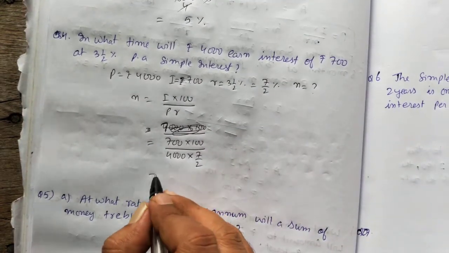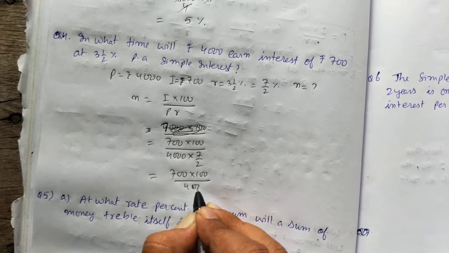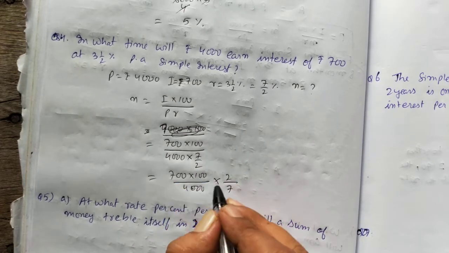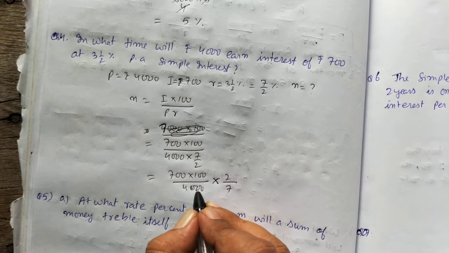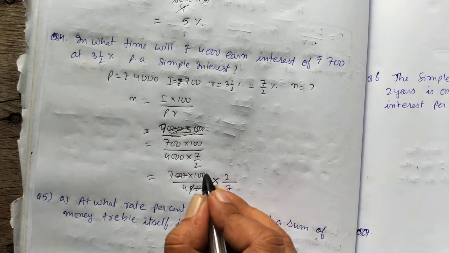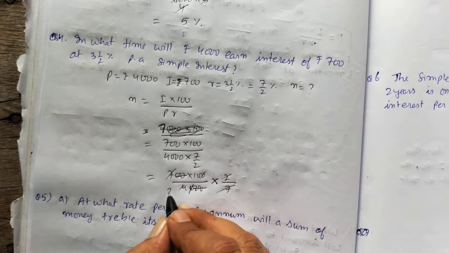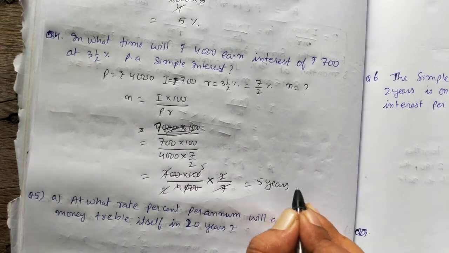You can reciprocal this. 700 into 100 by 4,000, reciprocal, and cancel 2 by 7. When division is converted, we have to reciprocal. 7, 7 cancel. 2 2 times 4, 25. So we are getting 5 years.